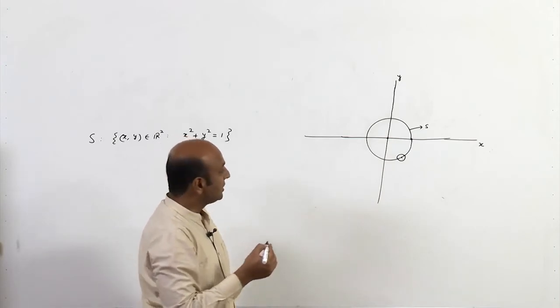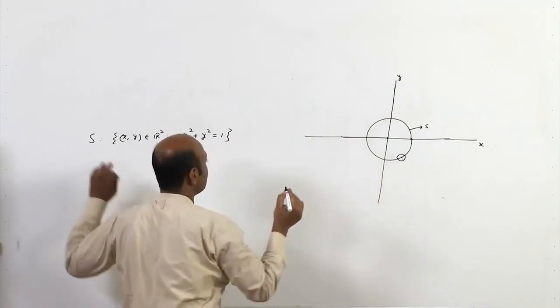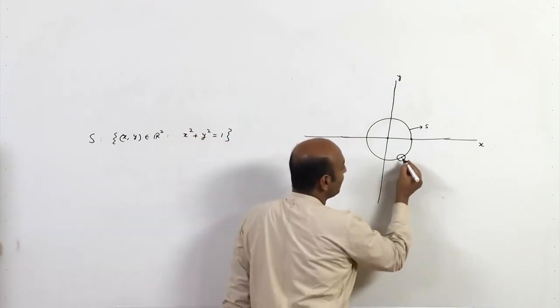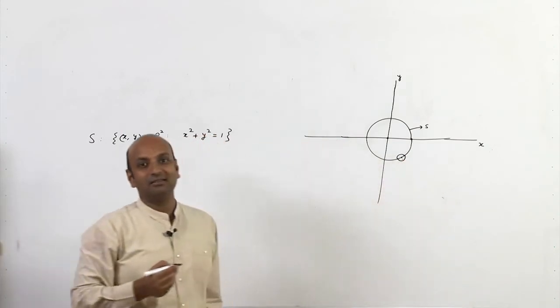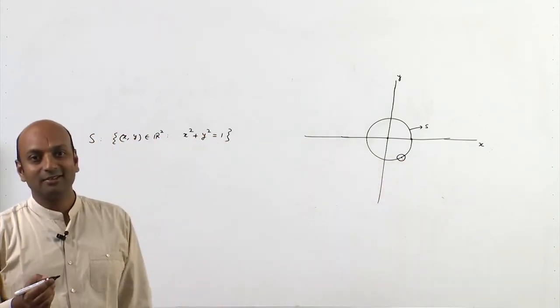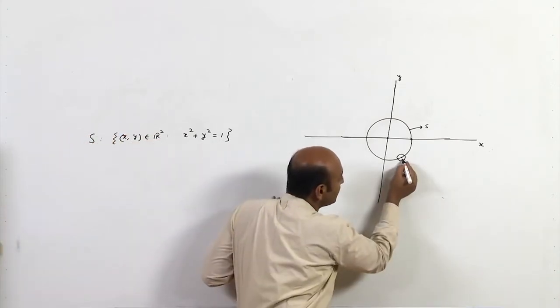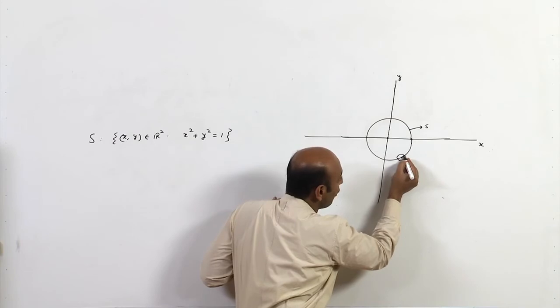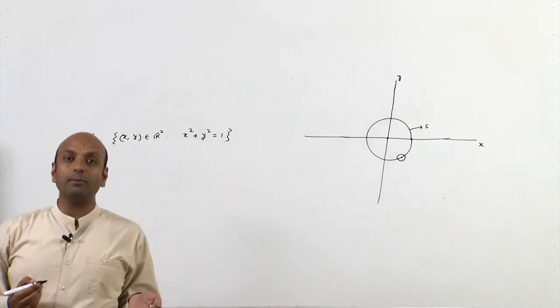I mean the intersection of this disk with the complement of S and the intersection of this disk with S are never empty. There will always exist some point that lies outside and some point that lies on S. So, this point is a boundary point.